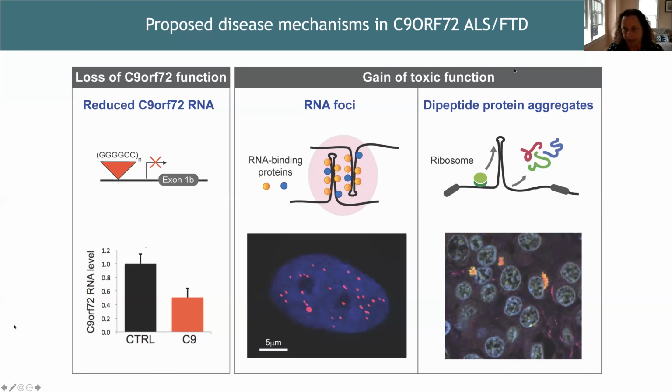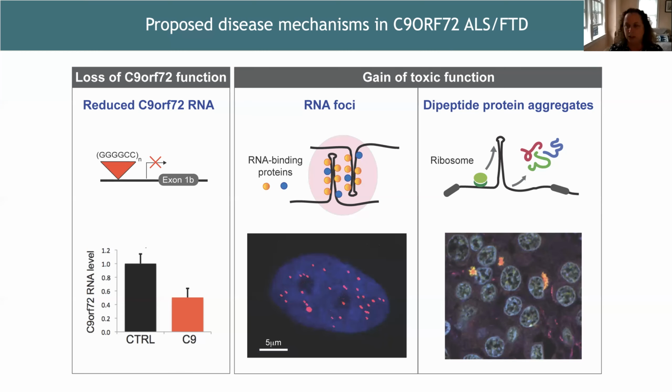Another mechanism is a gain of toxic function that can be coming from different species that are generated by the repeat. And one is that the expanded transcript do accumulate into RNA foci. And this is something that had been previously shown in myotonic dystrophy.